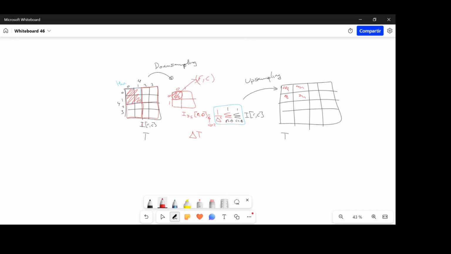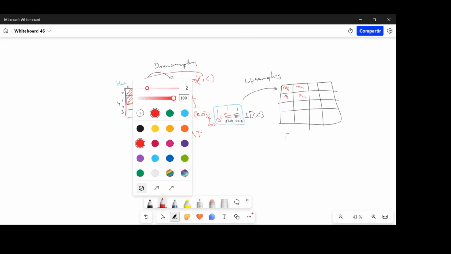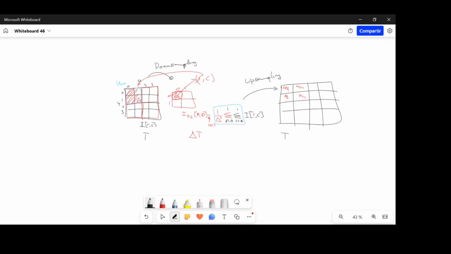Then you look for the neighborhood in the original image, indexed by rows and columns. So for every pixel RC, you look in the original image for the corresponding neighborhood.